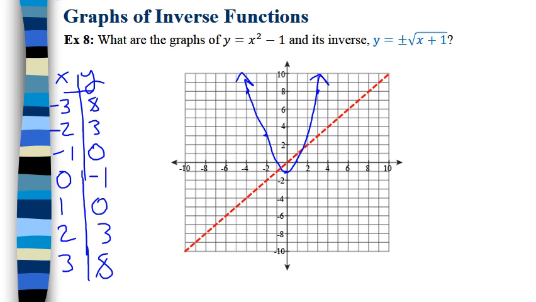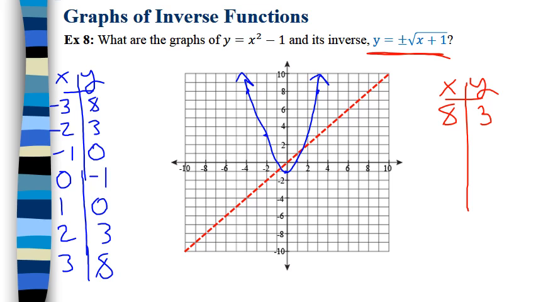Okay, and if we graph the inverse function, let's pick some x, y values. Now, we're saying it's an inverse. So if I put in 8 for x, 8 plus 1 is 9. Square root of 9 is 3.